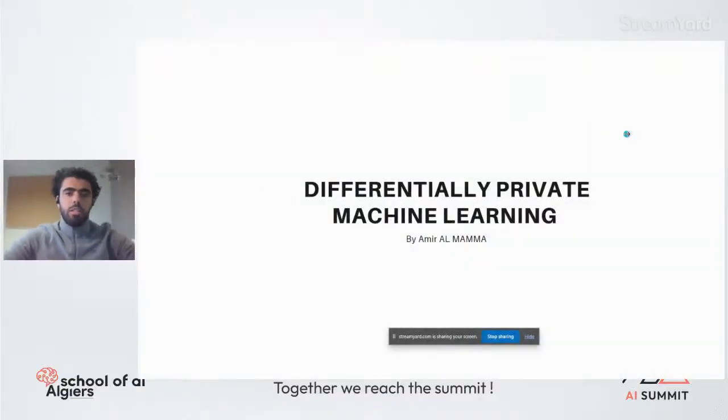Today's mission is to try to learn together what is differential privacy and what does it have to do with machine learning. Because I think that most of the audience of School of AI already know what is machine learning and what are learning algorithms, but few of us are concerned with the privacy aspects of these learning algorithms.